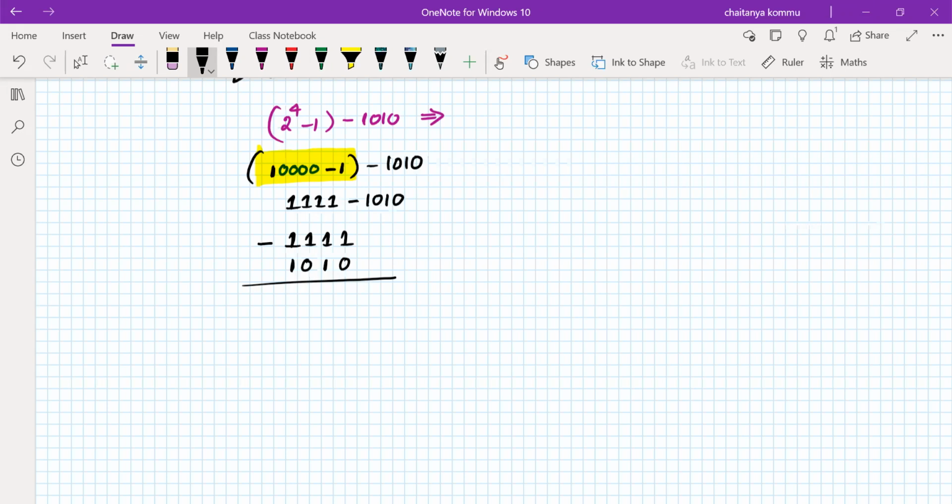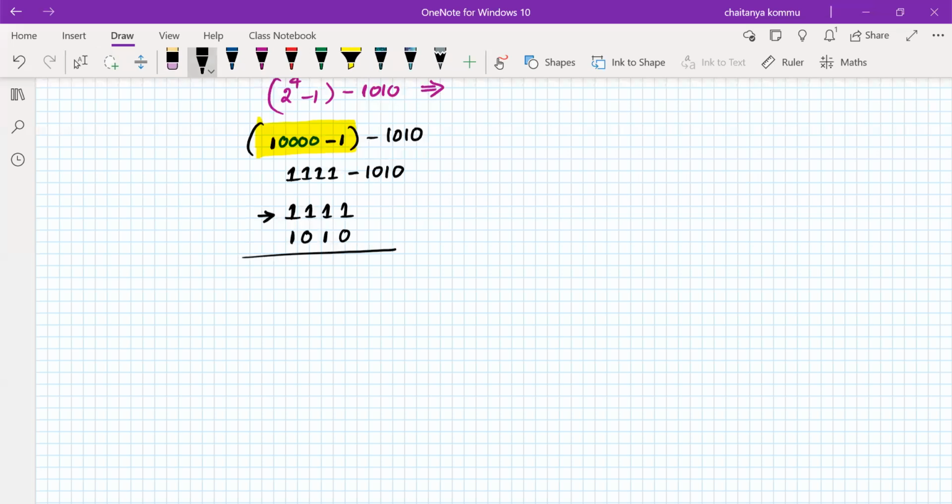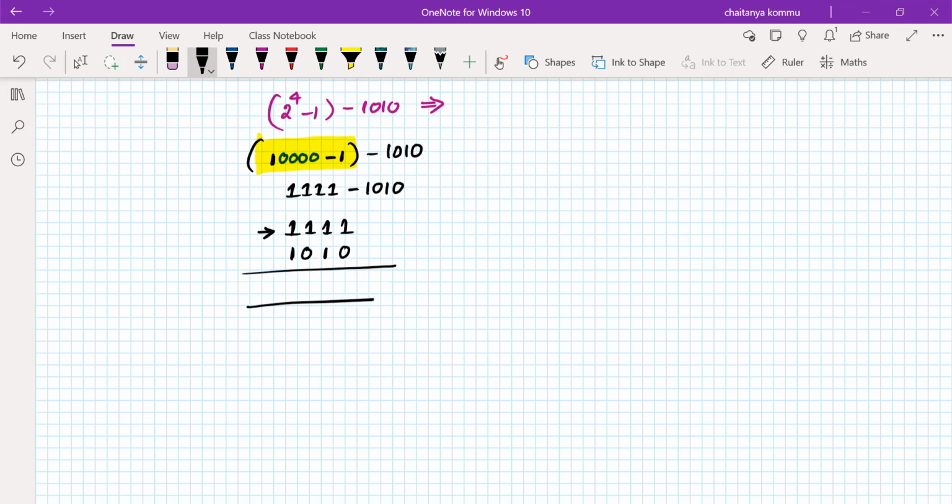If all ones are considered here, we don't want to take a borrow from anything. Borrowing is the problem we face when talking about subtractions. Therefore, now I perform this: this value is 1, this is 0, 1, that is 0.